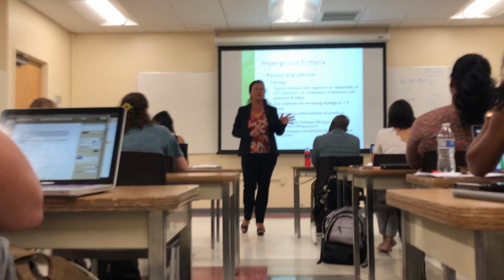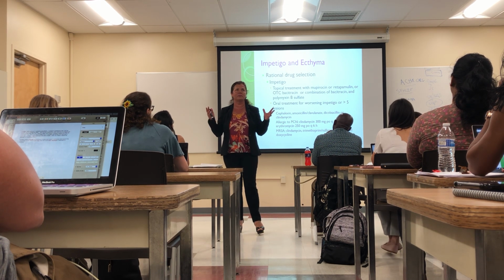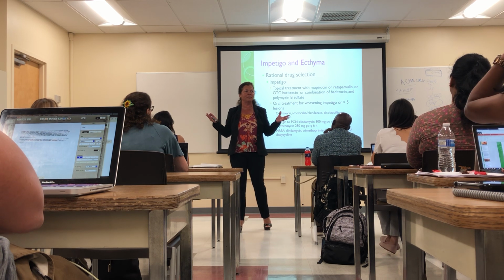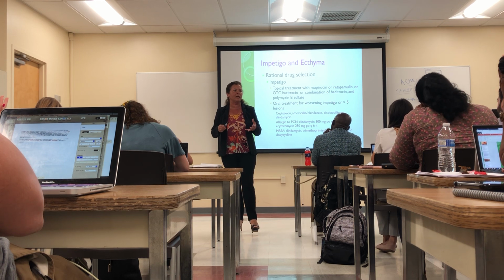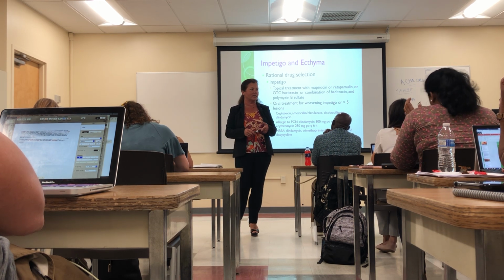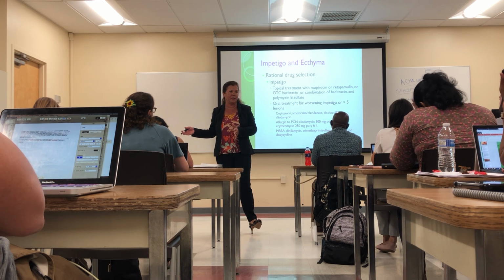When you went through pharmacology class, you had two types of penicillinase-sensitive antibiotics, right? So you have the aminopenicillins, which are amoxicillin, ampicillin, oxacillin, etc. And you also have the cephalosporin group, right?